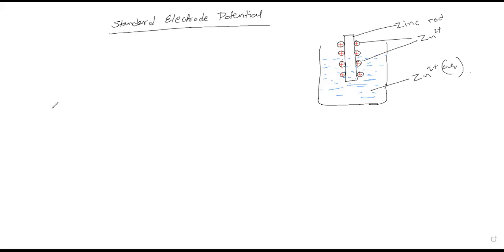For example, if there's this metal zinc, how difficult or how easy is it for itself to lose the electron? So you can say the level of difficulty or the level of easiness, that's what matters for the reactivity.